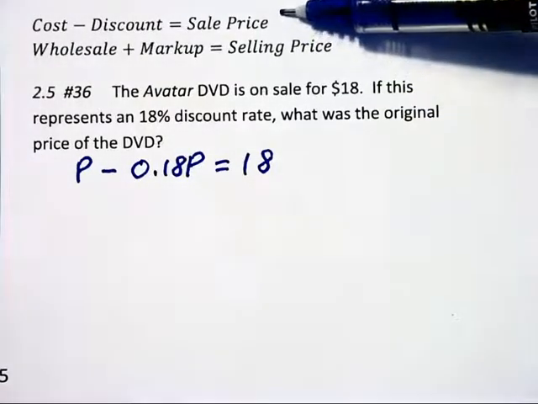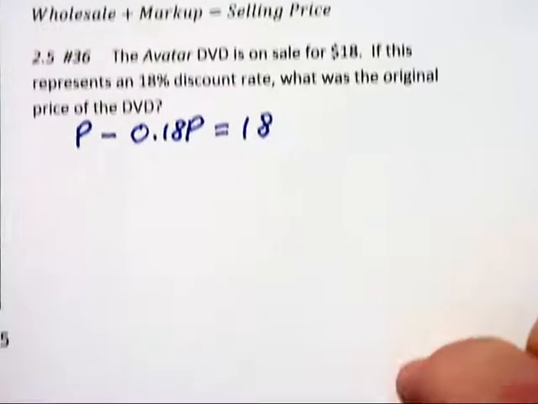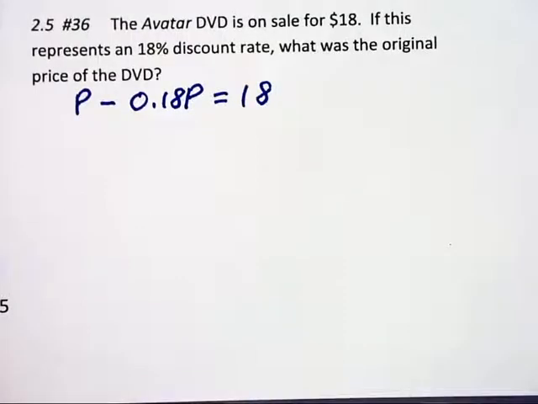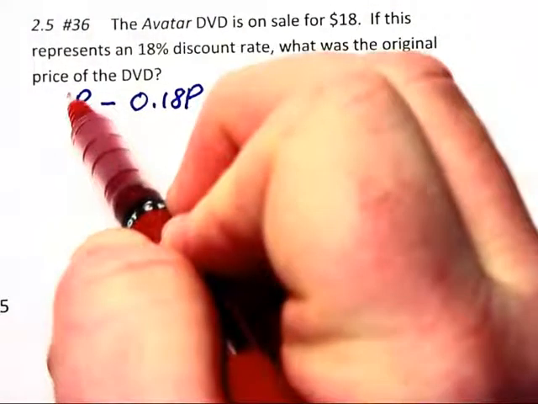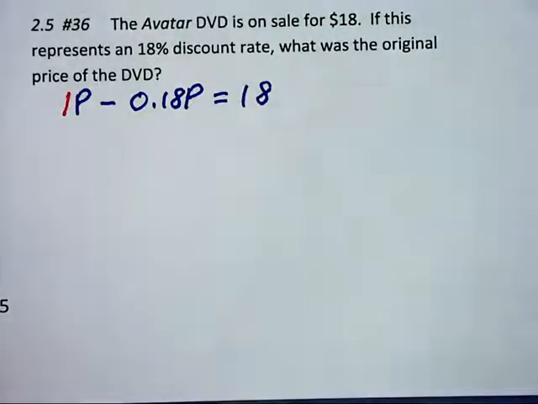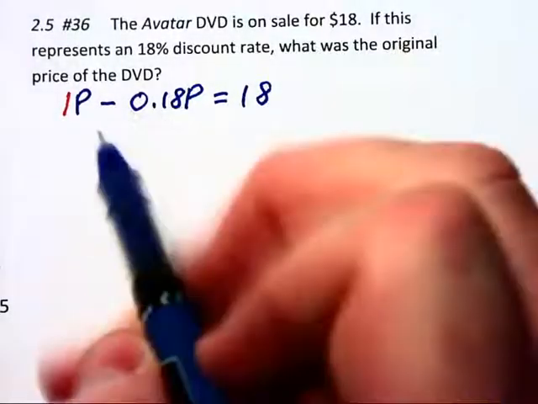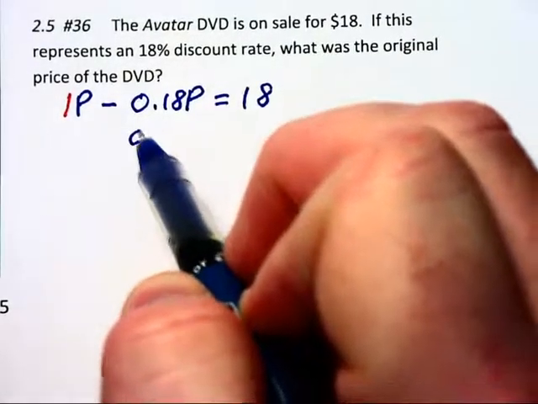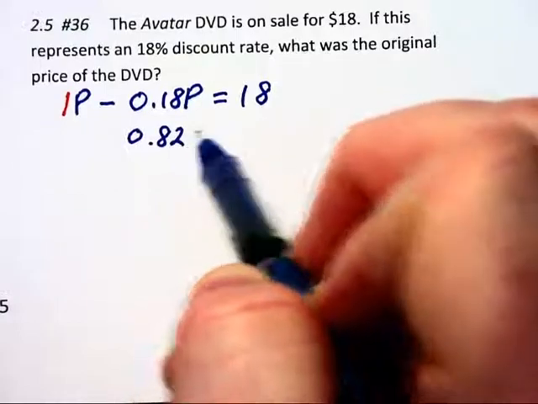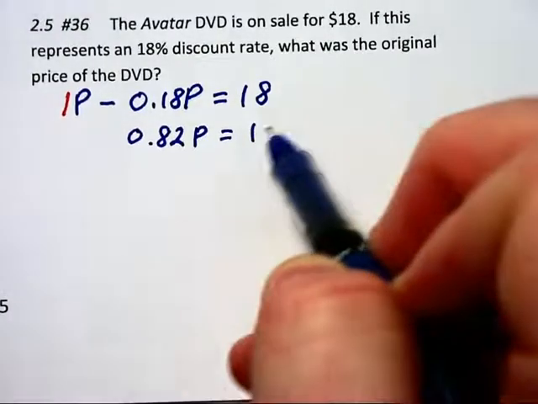That's using this first equation up above here. Now, again, there's an understood 1 in front of that P there, and 1 minus 0.18 is 0.82. P is equal to 18.